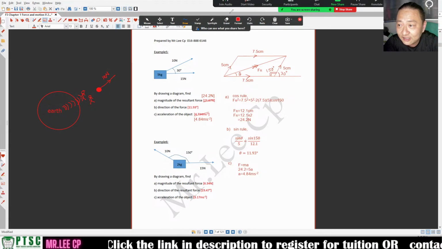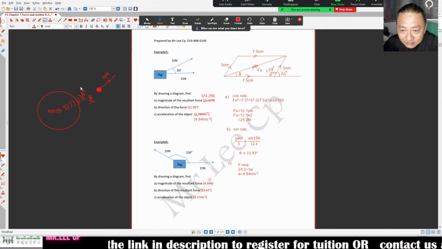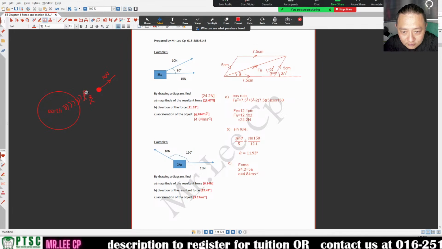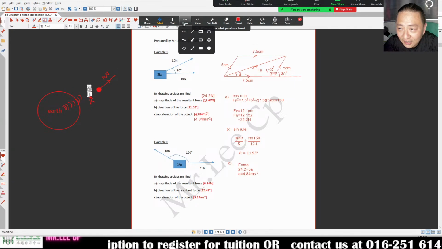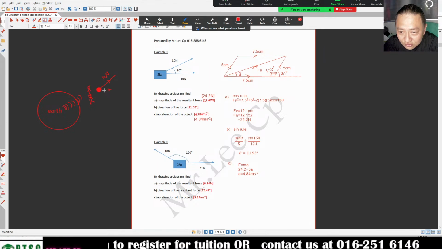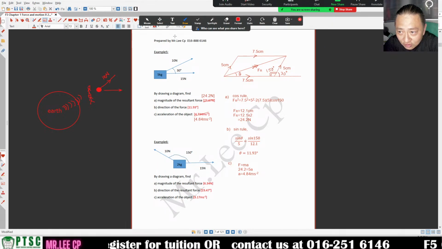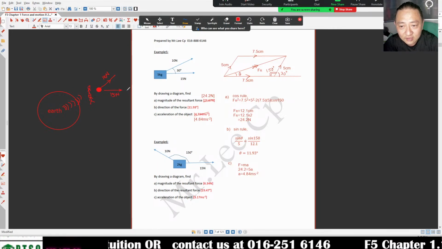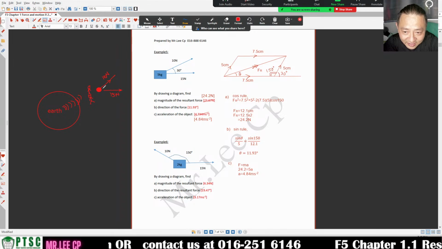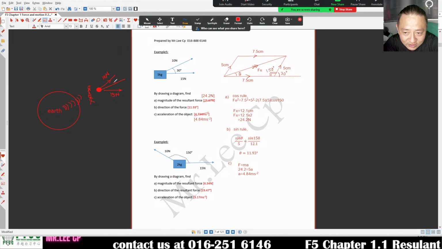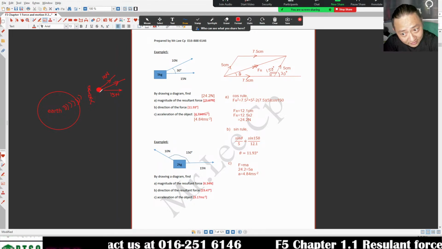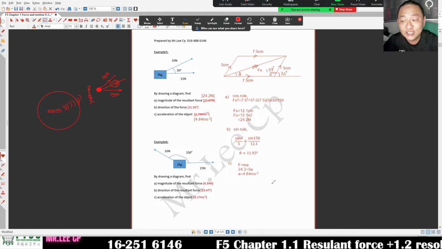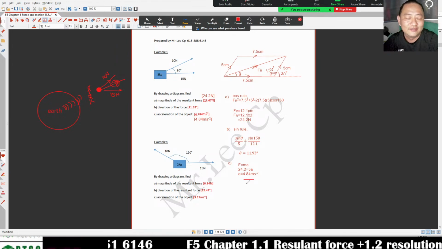Another astronaut pushes with a stronger force, 15 Newton. After you have pushed it, the satellite moves in this direction, and it has an acceleration. How much is it? 4.84.